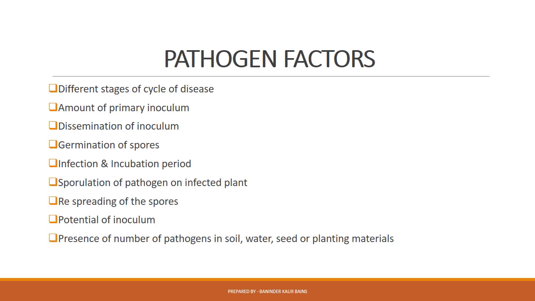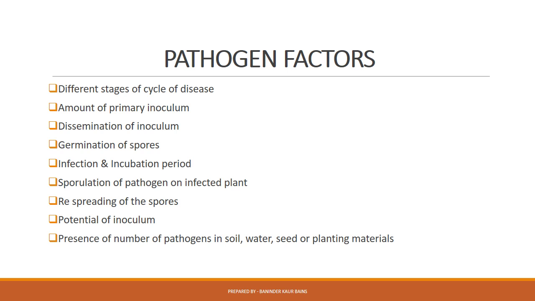And pathogenic factors, all the factors which are related to the pathogen. The first one is the different stages of the disease cycle of the pathogen. Then the amount of primary inoculum when the disease is spreading, and then the secondary inoculum will also be there. Then dissemination of the inoculum, whether it has traveled using vectors, whether sufficient vectors are present to transmit the disease, or there are fewer vectors, or no vectors which spread that disease.